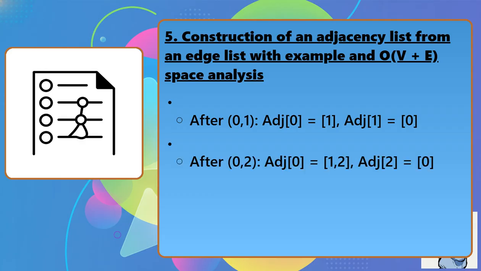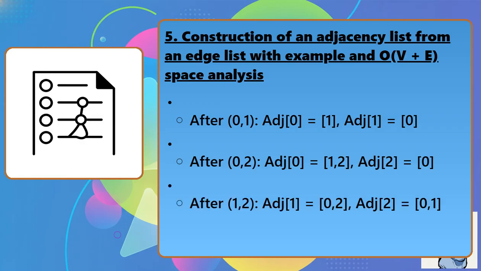After (0,2): adj[0] = [1, 2], adj[2] = [0]. After (1,2): adj[1] = [0, 2], adj[2] = [0, 1].